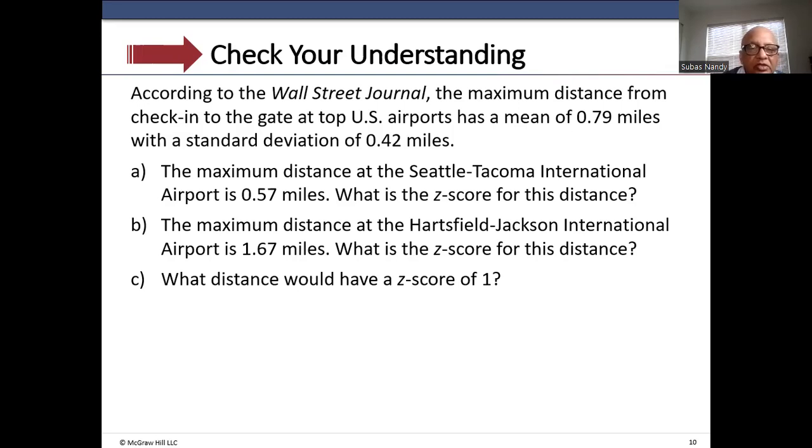That means the distance of 1.67 is 2.095 standard deviations above the mean. And then they ask what distance would have a Z-score of 1. So take 1, multiply it by the standard deviation of 0.42, and add the mean, 0.79. That distance will be 1.21.